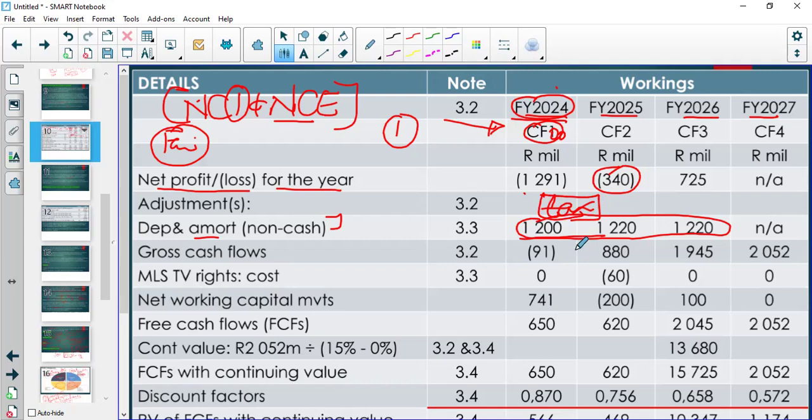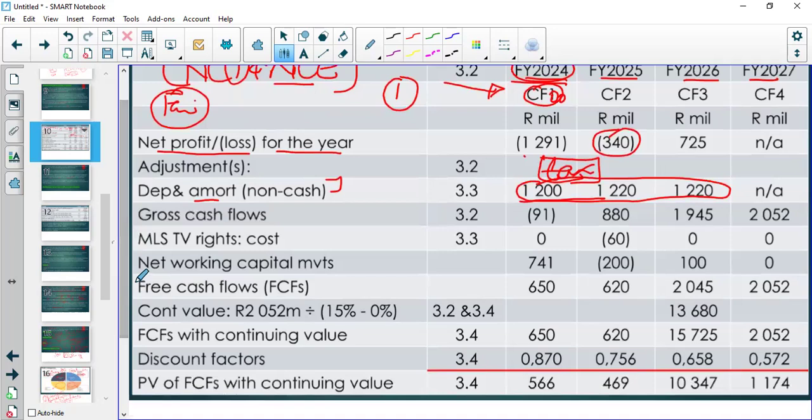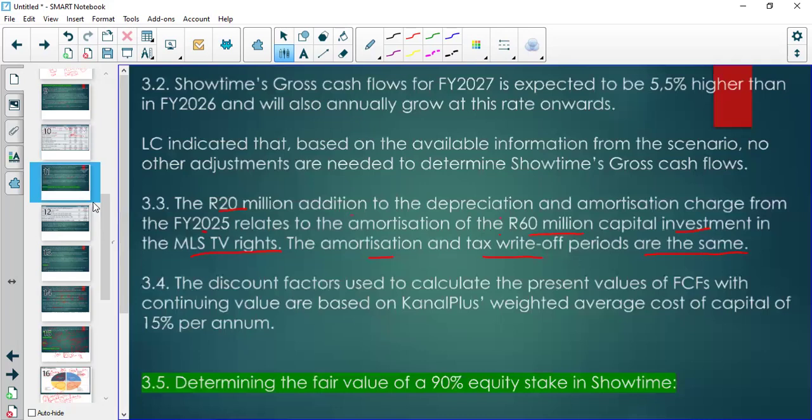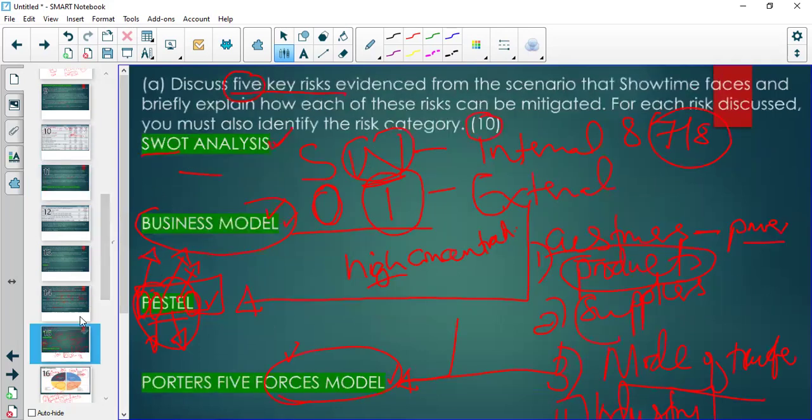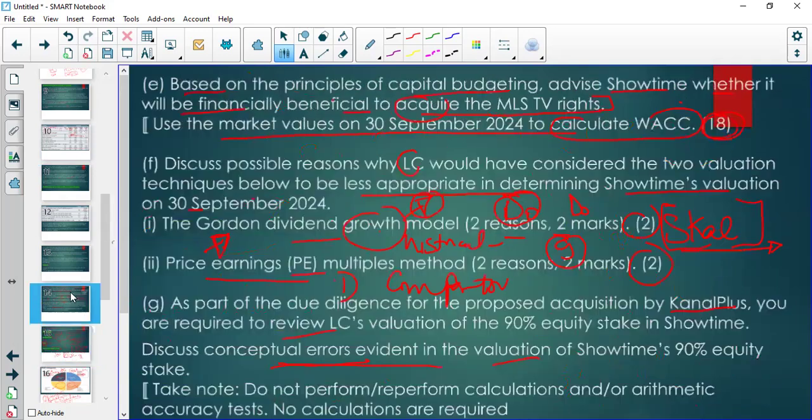Then now obviously we go there, then we get gross cash flows. The question says look for conceptual errors.